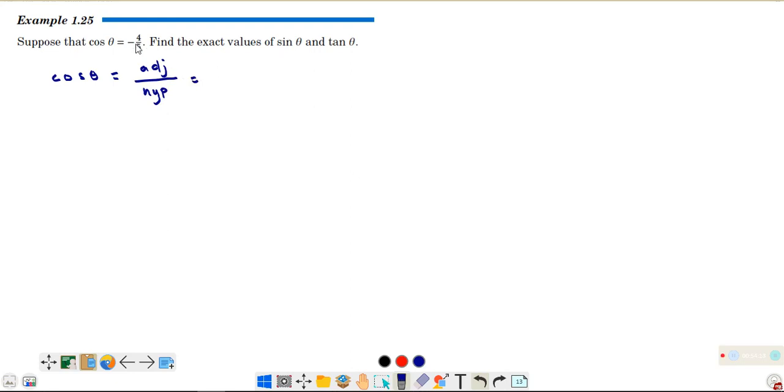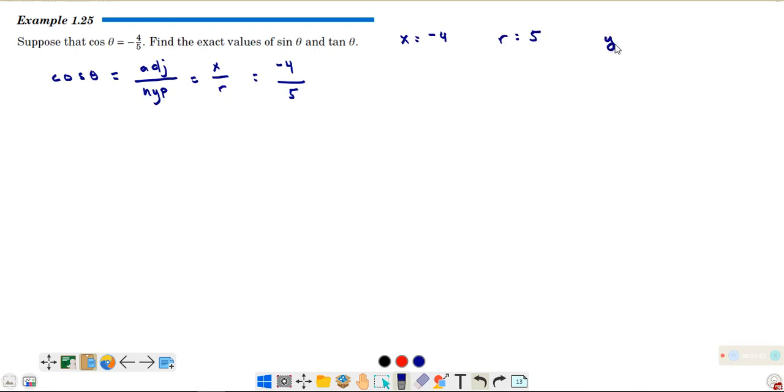Sabi nga natin, hindi pwedeng maging negative ang iyong radius or distance, so ang negative ay mapupunta kay adjacent. Or kung meron kang adjacent and hypotenuse, this is x over r. And your x will be equal to negative 4. And your r will be equal to 5.